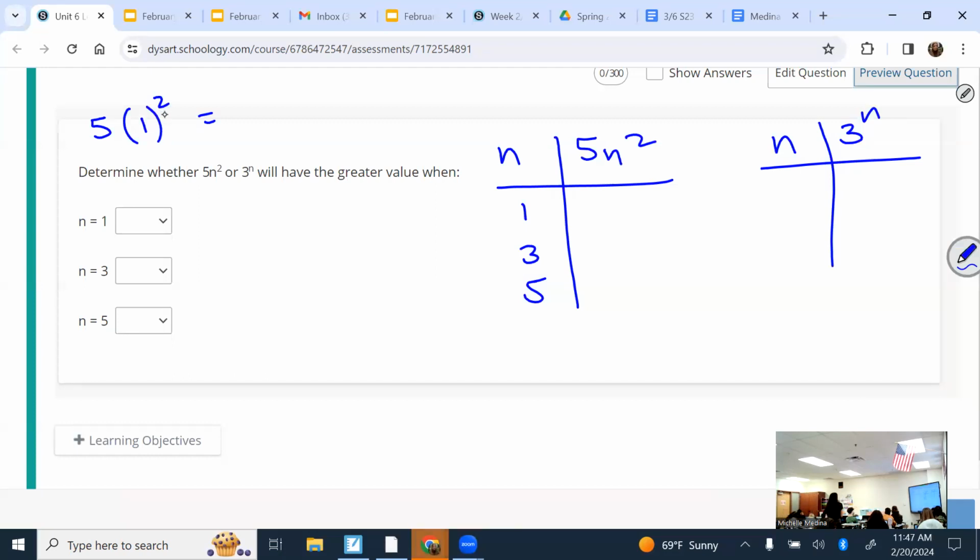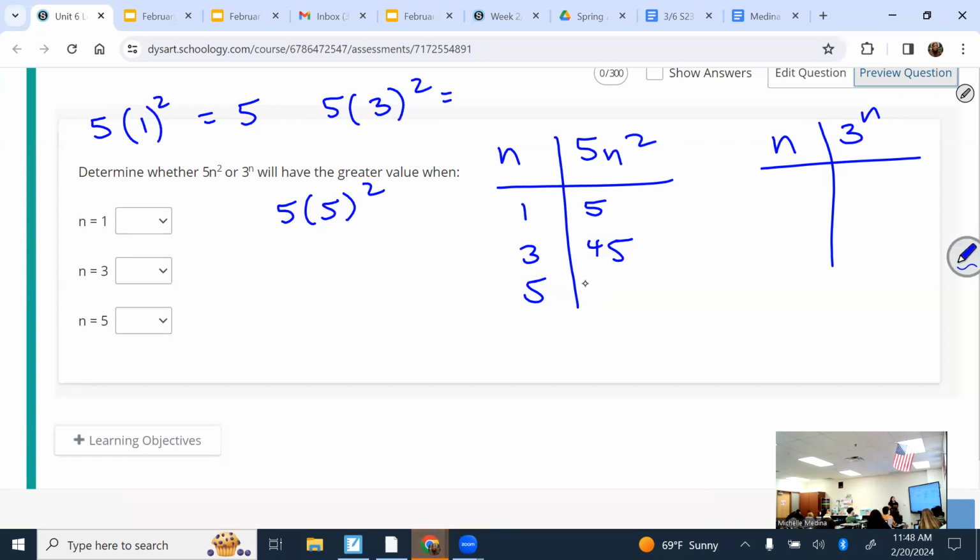1 squared is, and then 1 times 5 is, and then next we're plugging in a 3 into that expression, seeing what we get. 3 squared is, 9 times 5 is, and then 5 squared is, and then 25 times 5 is 125.